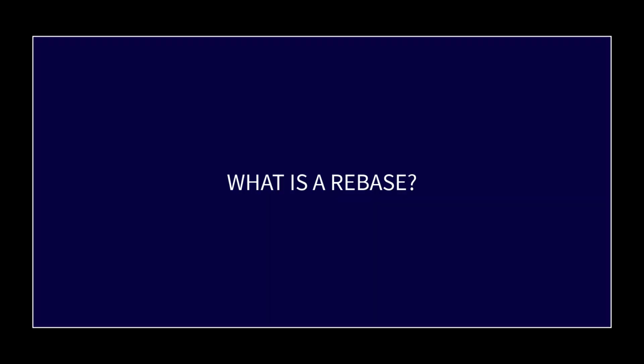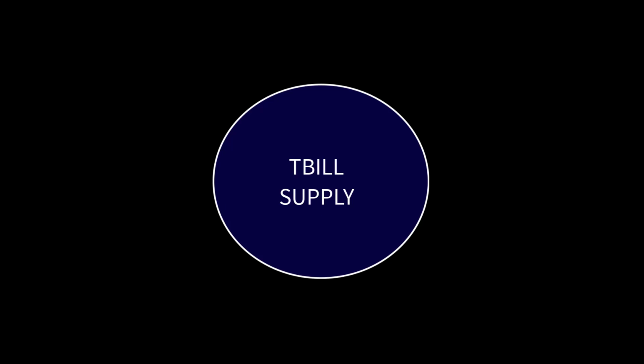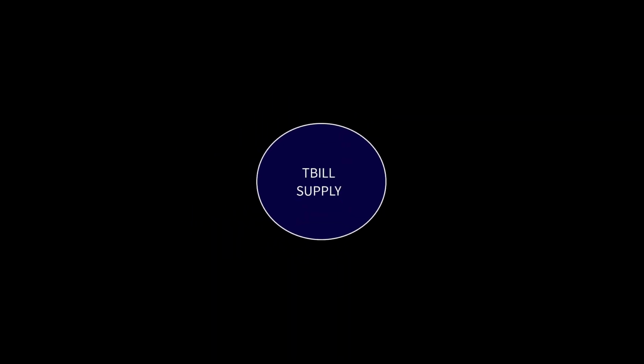Okay, what is a rebase? A rebase is the process by which the supply of TBILL is either being expanded or contracted. And the way it works is when it is in the expansion phase, it adds TBILL to the supply, and when it is in the contraction phase, it takes away TBILL from the supply.